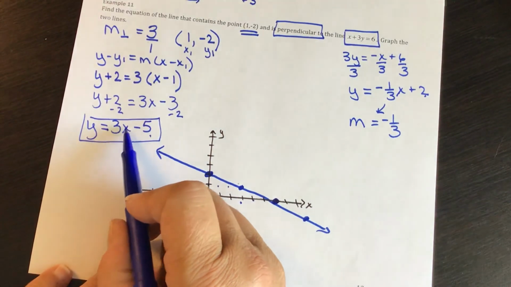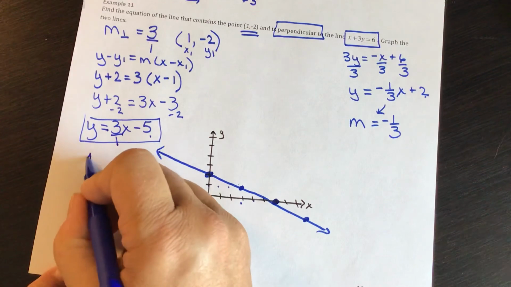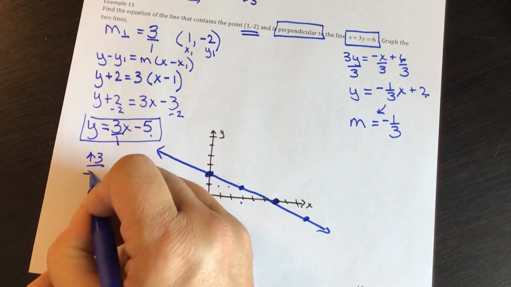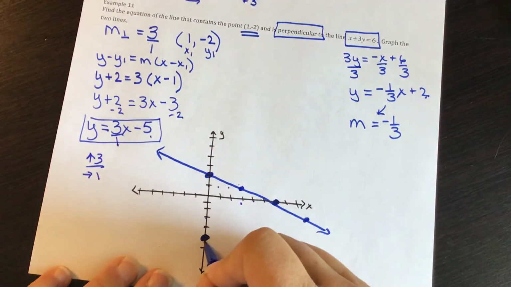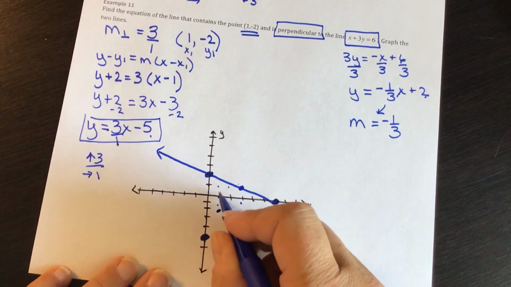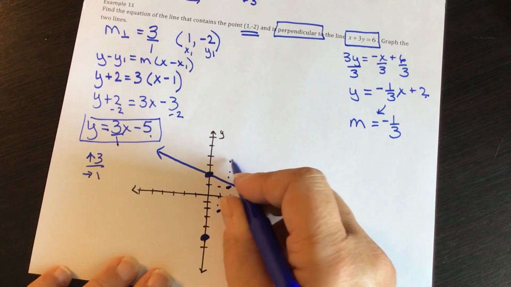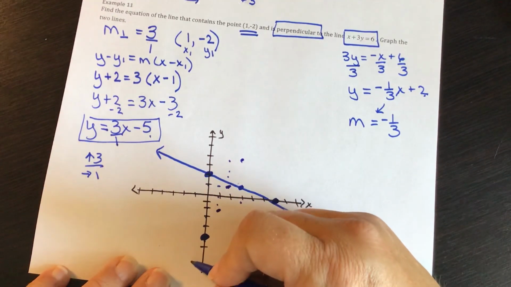And my slope is 3, or 3 over 1. So I'm going to go up 3 and to the right 1. So from this point, up 3 over 1. 1, 2, 3 over 1. So here's my new line.